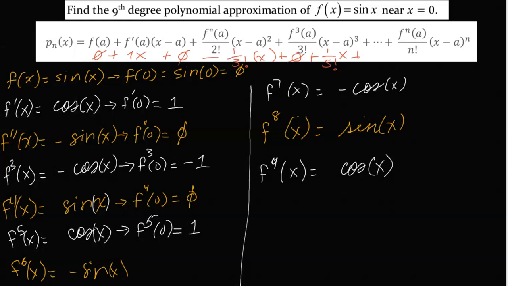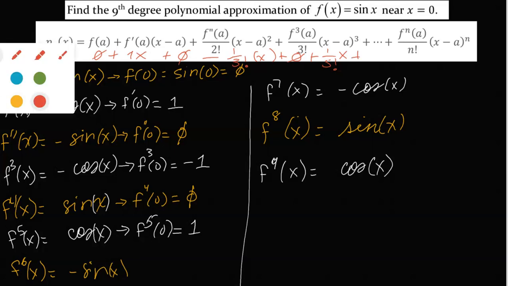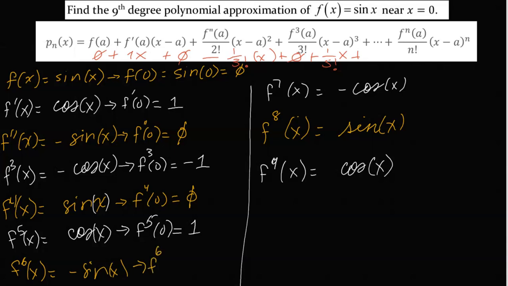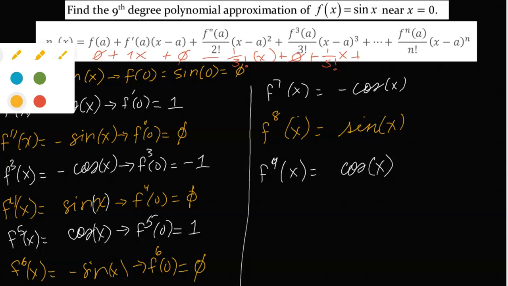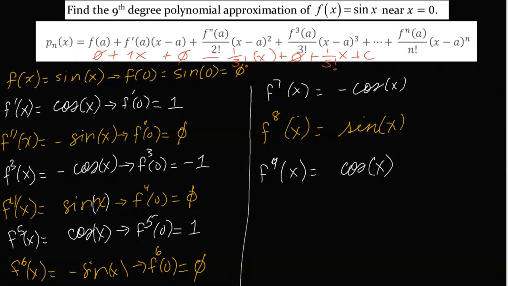plus the next thing would be the sixth derivative evaluated at 0 is going to be 0, so that right there is 0, and I'm starting to see that the even derivatives are 0, and the odd derivatives are bouncing between positive and negative 1.